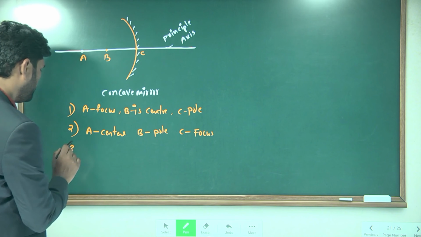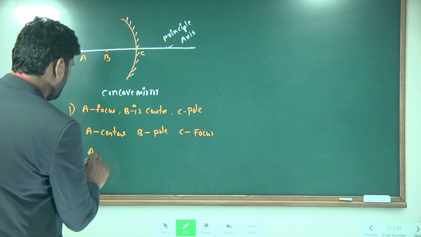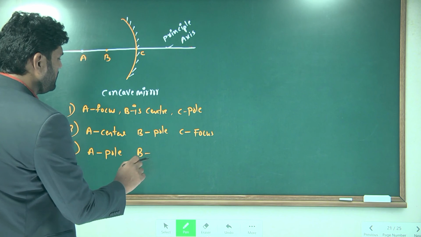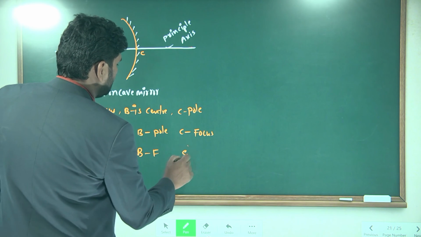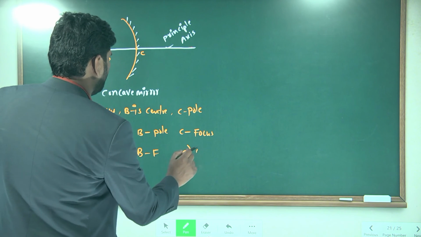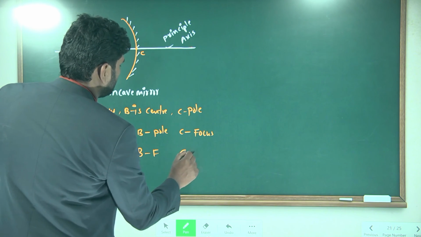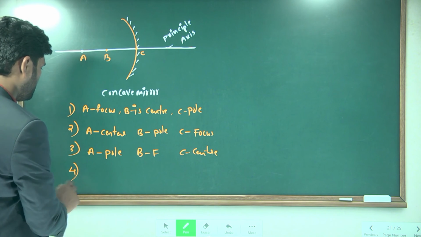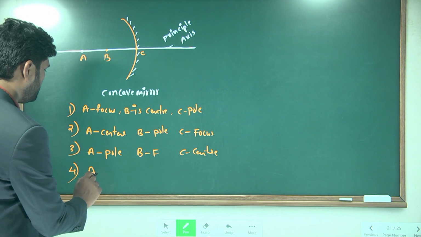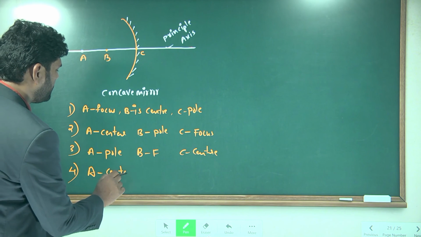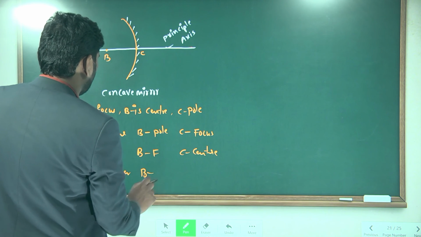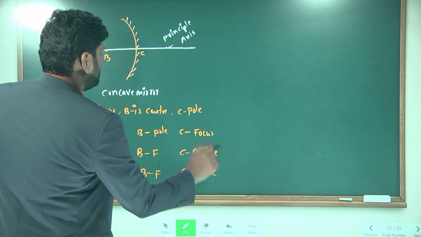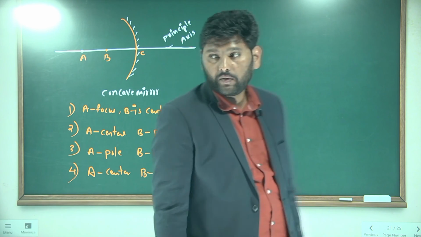Third option: A is pole, B is a focus, and C is a center. Fourth option: A is a center, B is a focus, and C is a pole. Which option? Option 4. Why option 4?